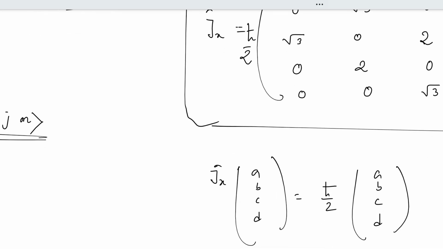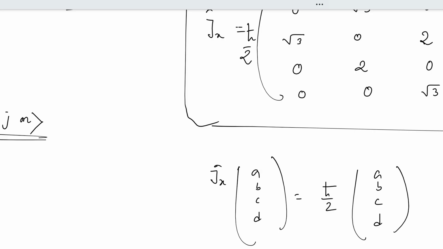Now this h cut by 2 and the Jx has another h cut by 2, so the matrix is 0 root 3 0 0, root 3 0 2 0, 0 2 0 root 3, and 0 0 root 3 0, multiplied with a, b, c and d, equal to (a, b, c, d).